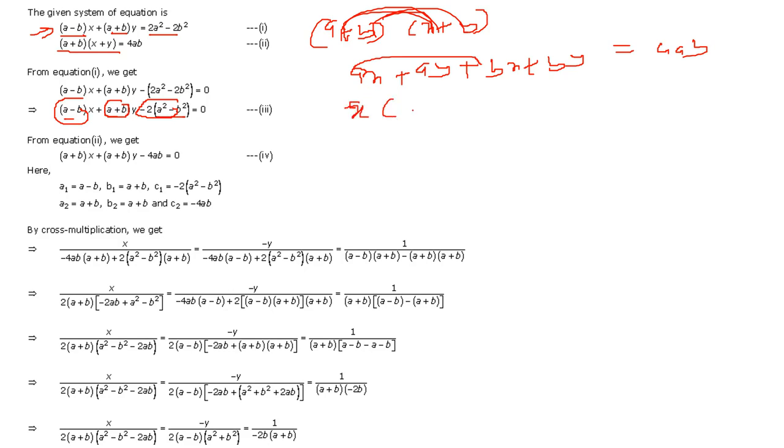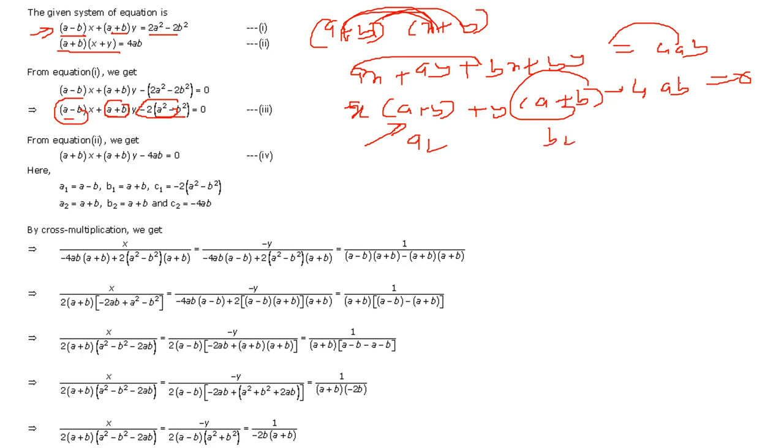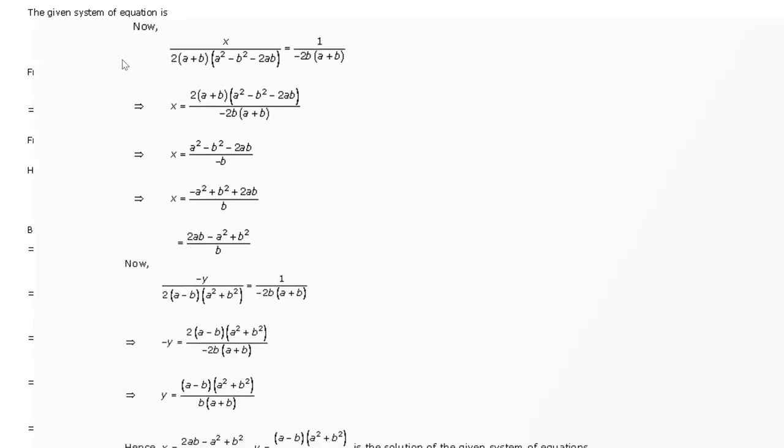If I take y common, a plus b. And bring 4ab here, so minus 4ab. What do you get? This one is your a2, this one is your b2, and this whole is your c2. This is your a2, b2, c2. Just do the cross multiplication, and when you solve it, this is the solution in front of you. You get x as this value and y as this value.